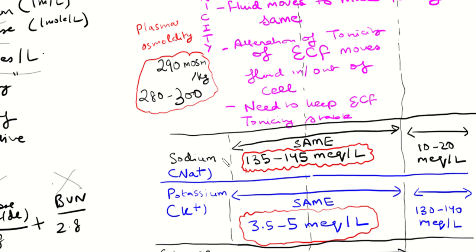Okay. Now, sodium. Sodium is 135 to 145 milliequivalents per liter. Okay. Milliequivalents. So remember we went through milliosmoles, right? Milliequivalents, the concept is you have a hydrogen ion, right? And you have a potassium ion, right? So potassium has one charge and hydrogen ion has one charge.